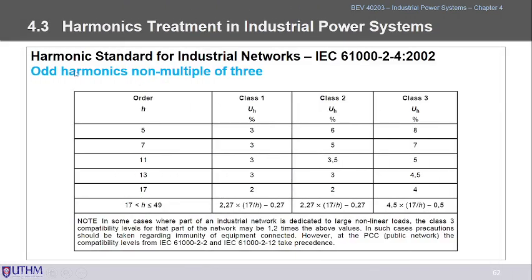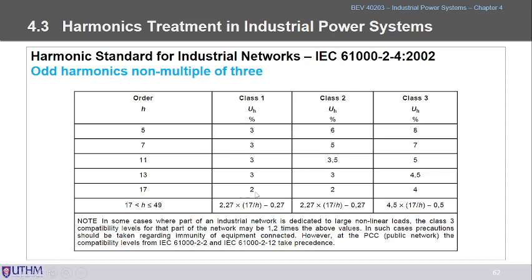Now we move on to the harmonic contents and the IEC standards for harmonic content. Normally we just take up to the 49th order maximum. The fifth order is for class 1, 2 and 3, so you can refer to it.